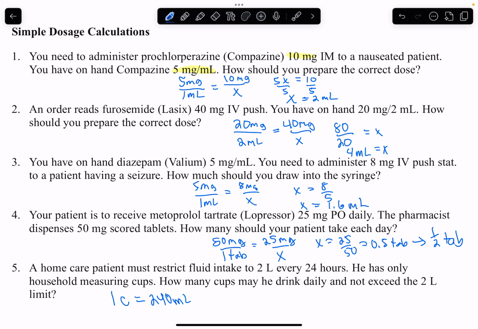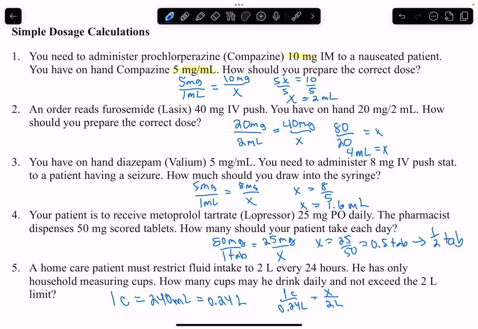So that is the same as 0.24 liters. So we're really asking ourselves, if 1 cup is 0.24 liters, then how many cups would be equal to 2 liters?